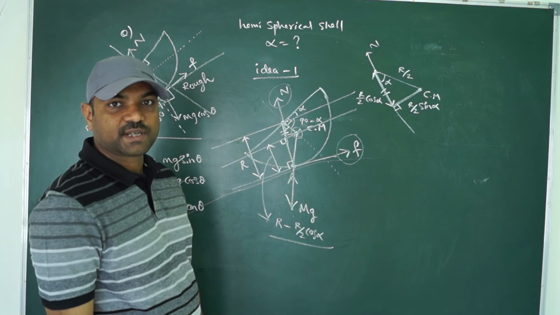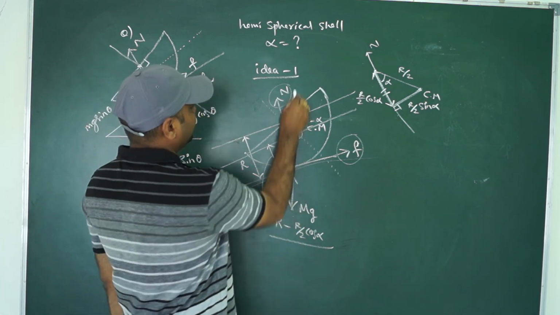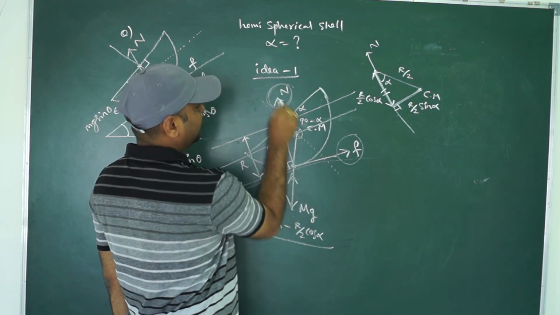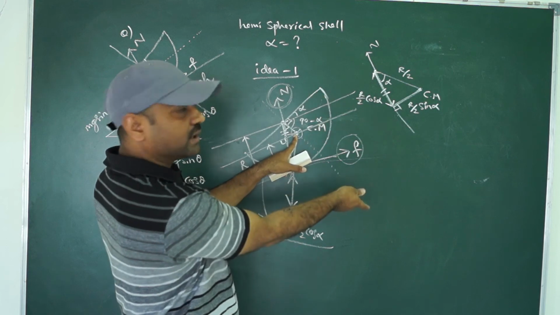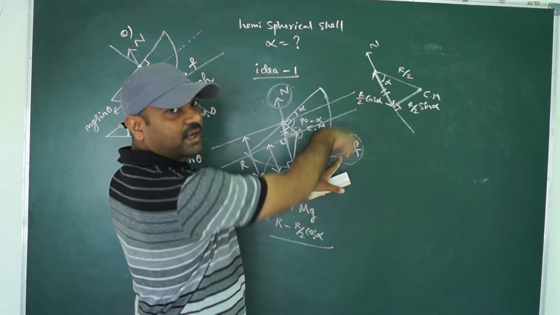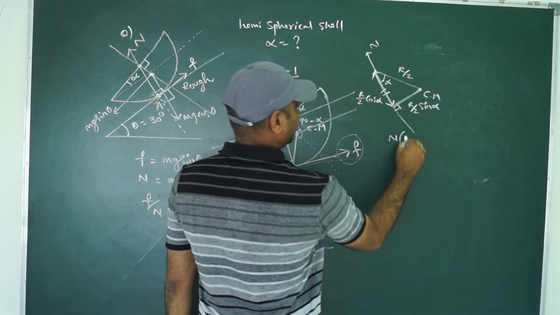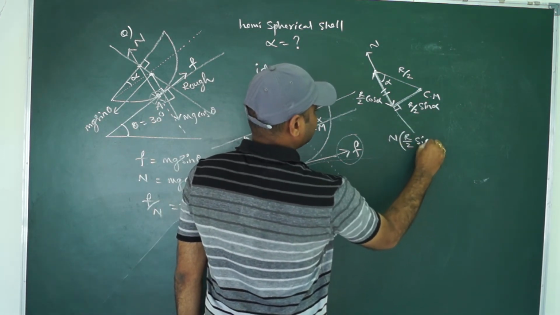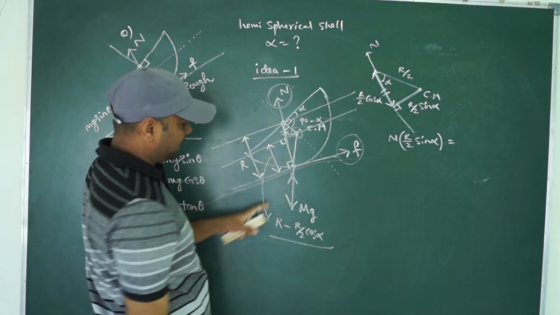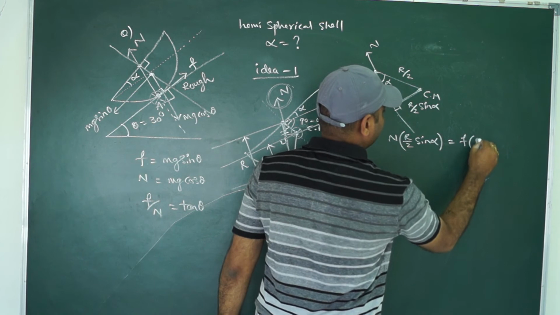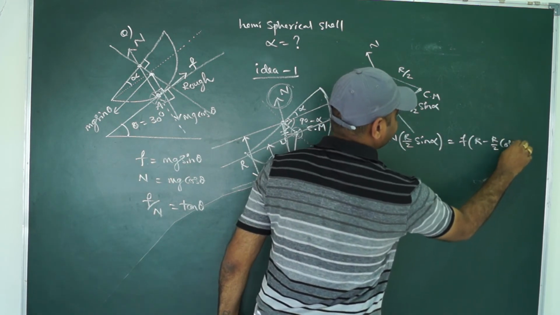Now I know the forces and I know the perpendicular distances, so I can go for equilibrium. For equilibrium, normal reaction and friction should create equal and opposite torques. Obviously about the center of mass, normal reaction will try to rotate clockwise and friction will try to rotate anticlockwise. So I can write normal reaction into perpendicular distance, r by 2 sin alpha, is equal to friction into perpendicular distance, r minus r by 2 cos alpha.